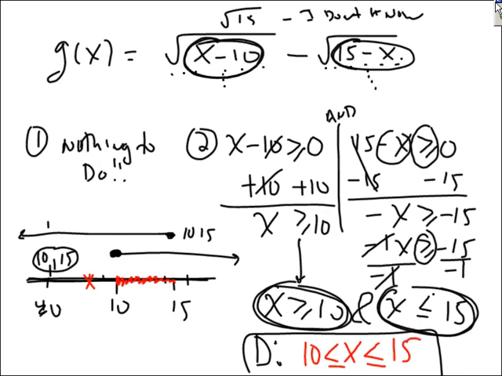Both lines include 10 and 15, and every number in between. That's why at the bottom I put equal signs for 10 and 15. If you have more than one square root sign, you can only pick x's that make both square root signs 0 or more. If you have 2 denominators or 17 denominators, none of them can be 0.